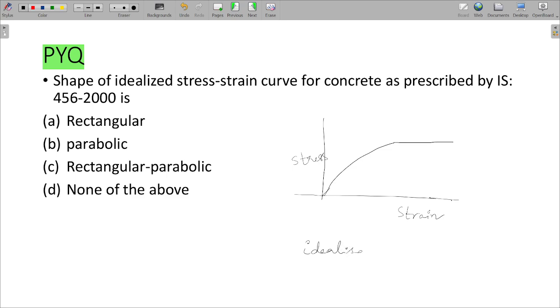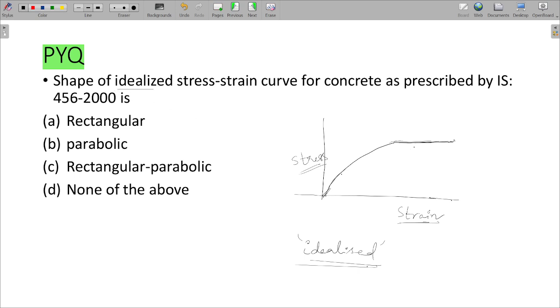Idealized, because if we draw the actual values, it may be different from this, but we are idealizing that stress strain curve for concrete in limit state method as rectangular parabolic, and because of this we are considering this plastic zone also. So this is a PYQ, once a GATE question.